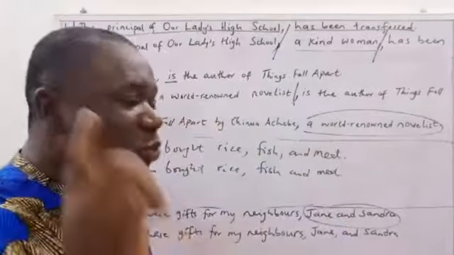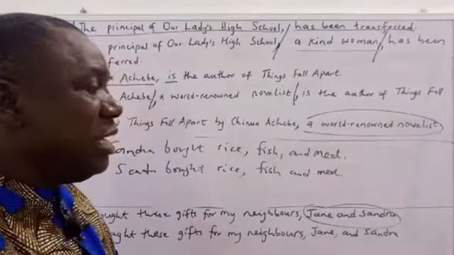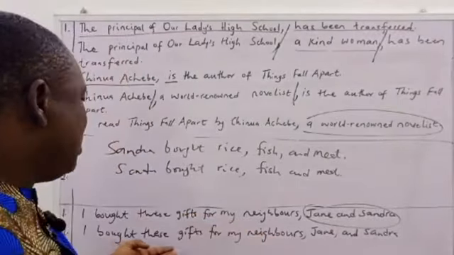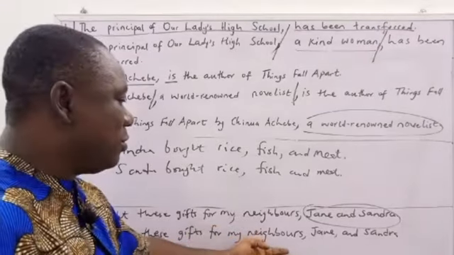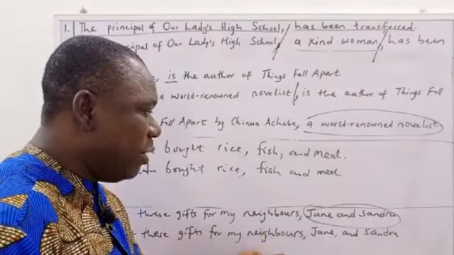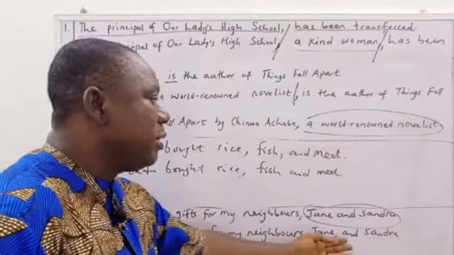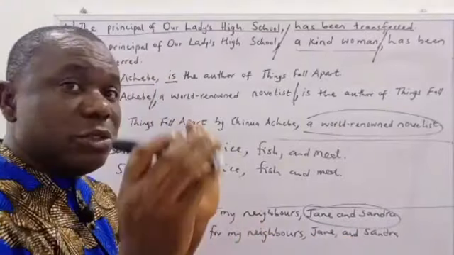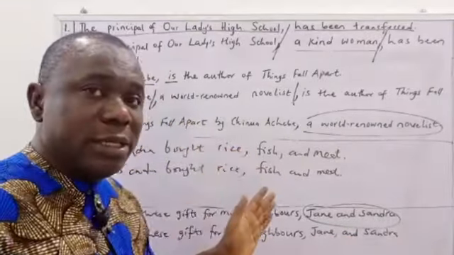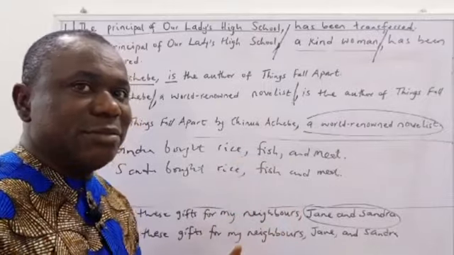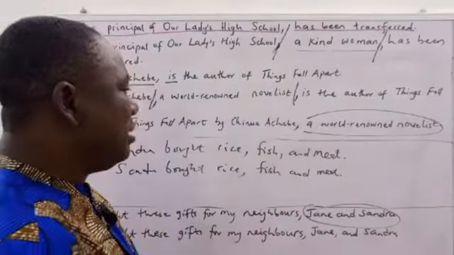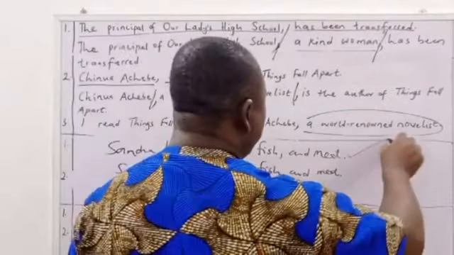Now, if that were the case, it will be inevitable to put a comma here. I bought these gifts for my neighbors, my neighbors, Jane, and Sandra. So we have 3 groups of people here. Neighbors, 1, Jane, 1, Sandra, 1. So because of situations like this, I always like to maintain this.